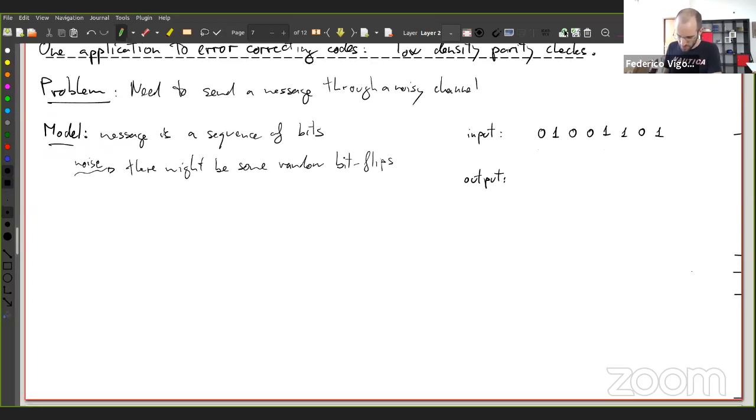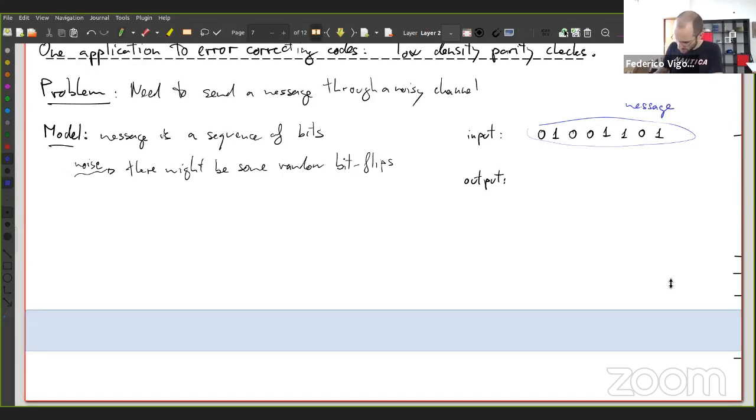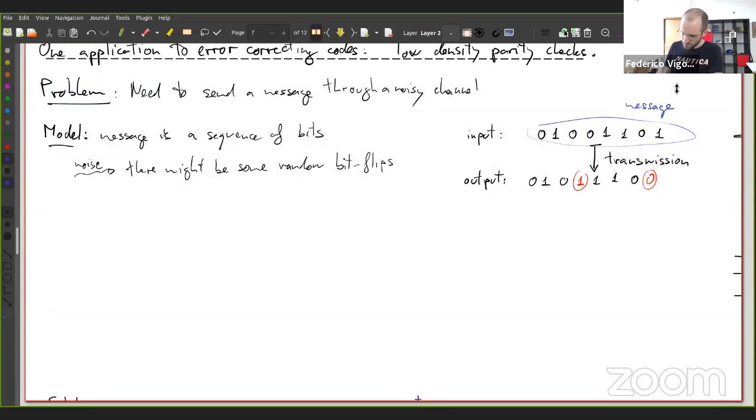For example, here we have one input message. This is our message, and then we do a transmission. During the transmission some noise happened, and we see that there are some errors. This is not good because we want to send the message correctly.